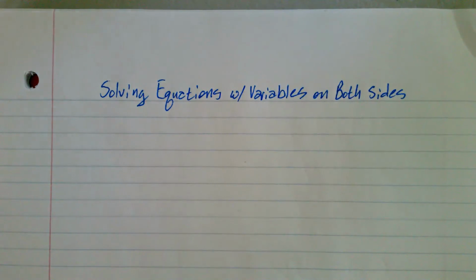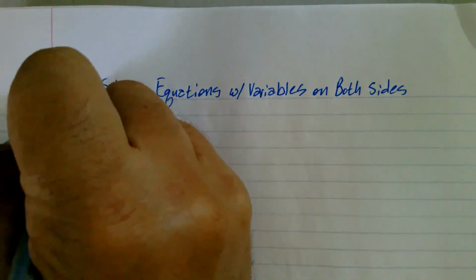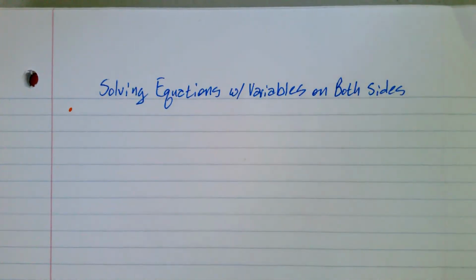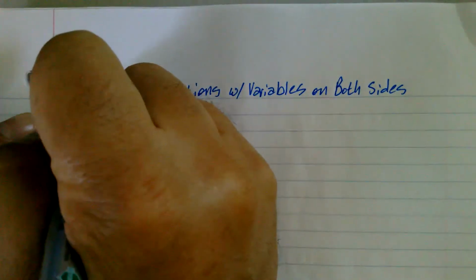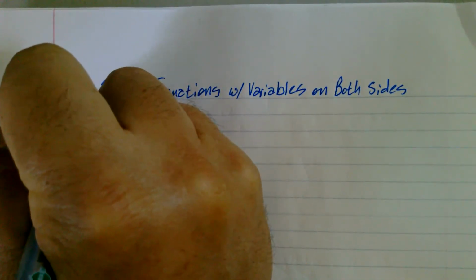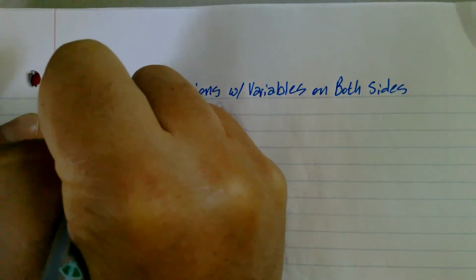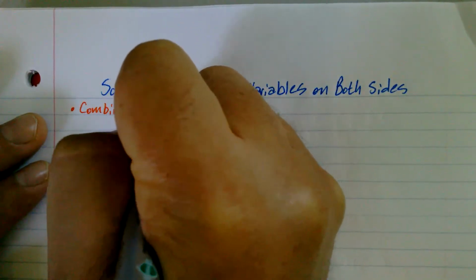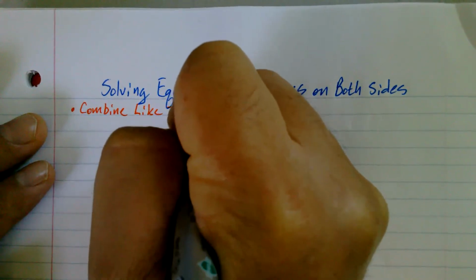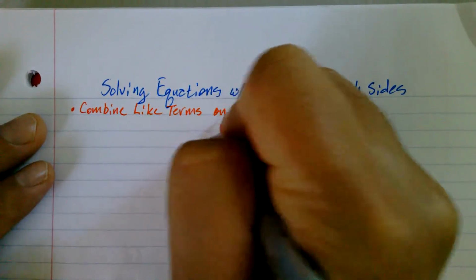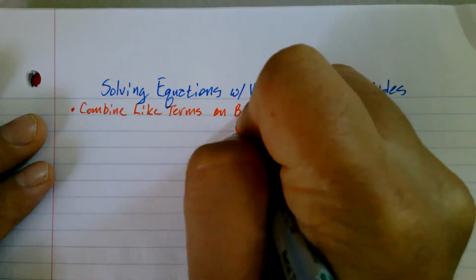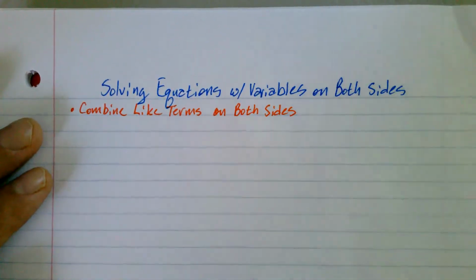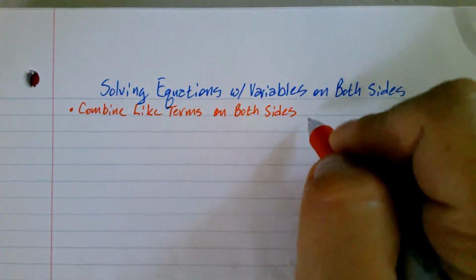So, a couple of things to keep in mind, guys. The first thing we want to do is combine like terms on both sides of the equal sign.